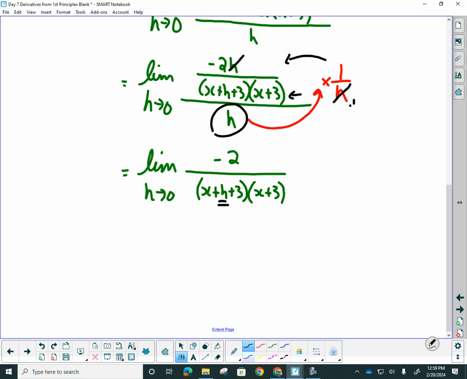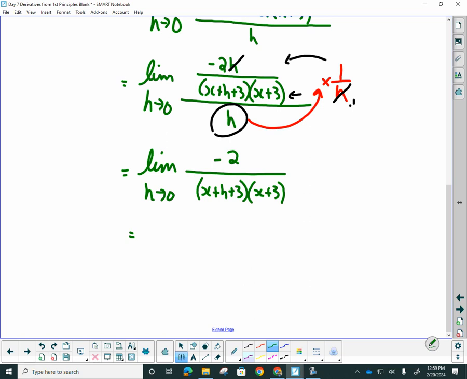But you'll notice that that h has lots of things happen to it. So when I plug in 0, I don't think I'm going to end up dividing by 0. So it won't be a problem. I'm now successfully at a spot where I can evaluate the limit. I can now actually sub in h equals 0 without fear of my calculator blowing up.